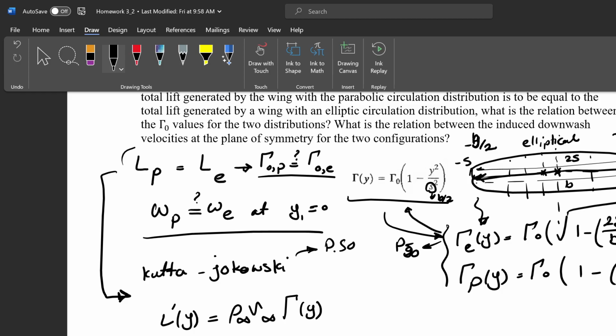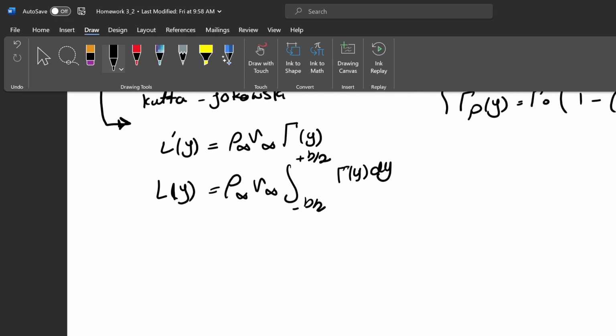But we are told the total lift, not lift per unit span, is equal. So we have to find the lift, which we can find by taking the integral of circulation from negative b over 2 to positive b over 2, circulation of y dy, and this will give us the total lift.